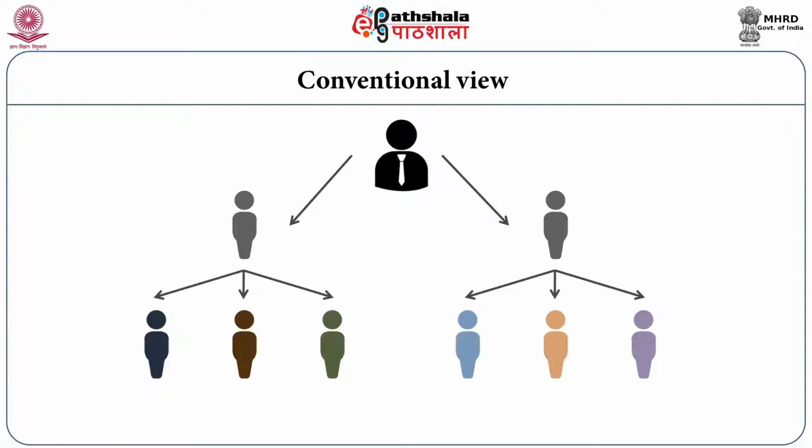There is a scale. There is a process in which power flows from the top to the bottom. There is a command that flows from the top to bottom. So it is called a scalar process.